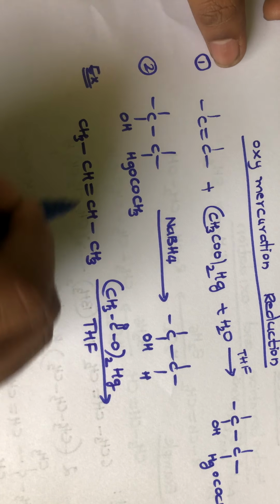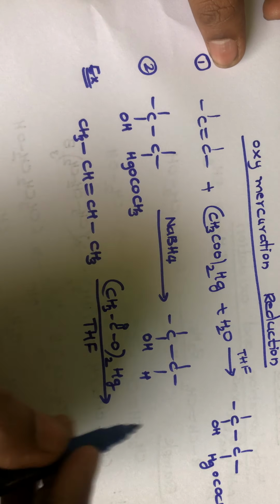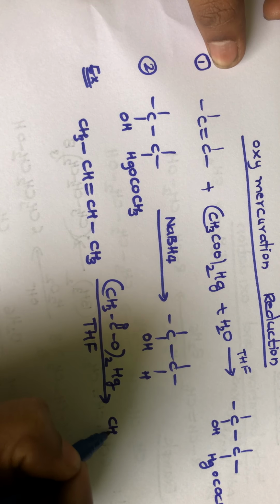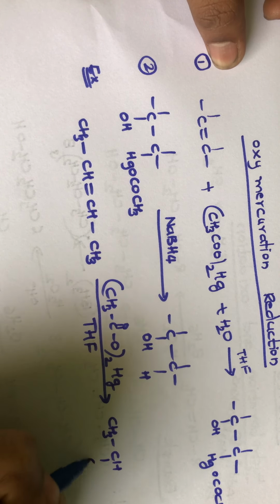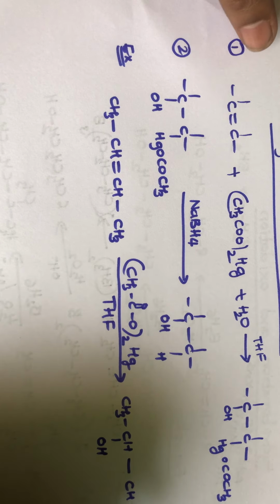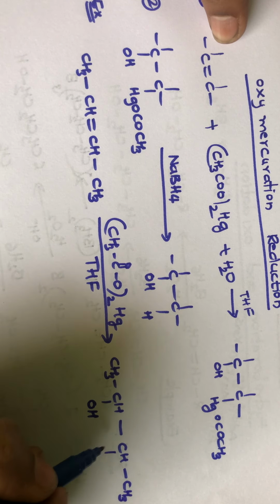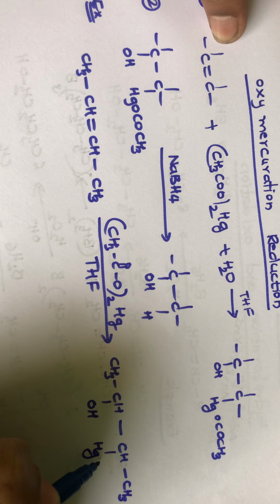So what happens is addition takes place. This is symmetrical, no problem where you add it. OH adds to one carbon, to the other carbon mercury acetate adds, HgOCOCH3.